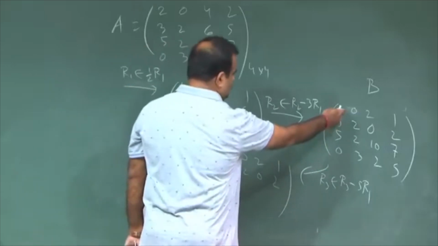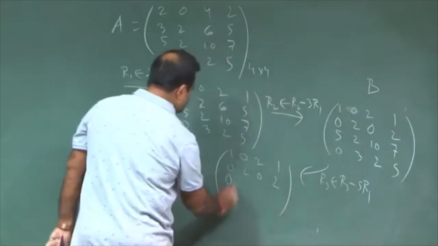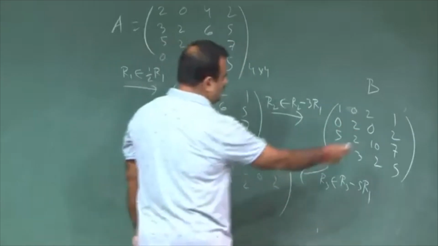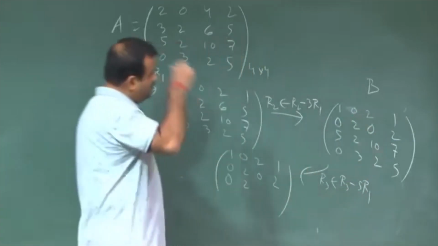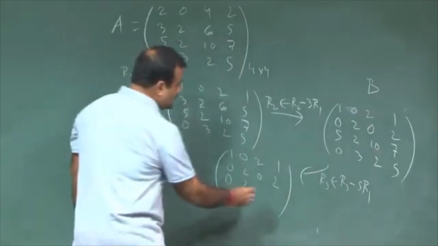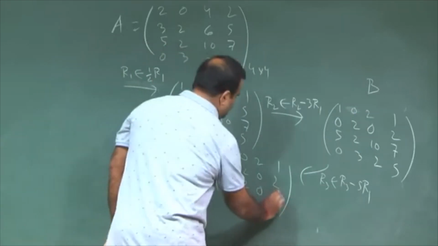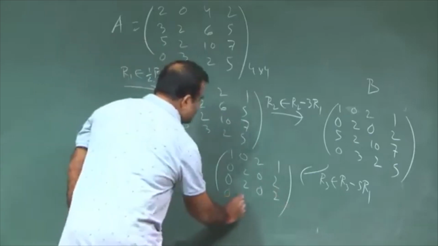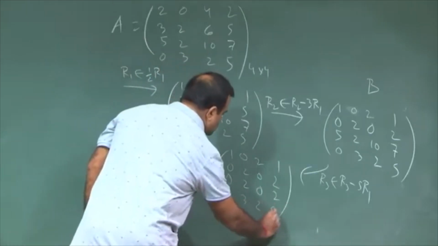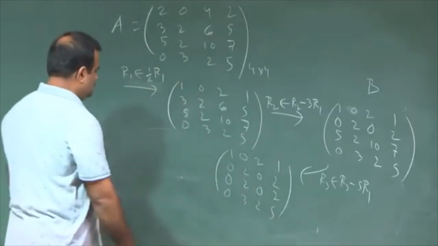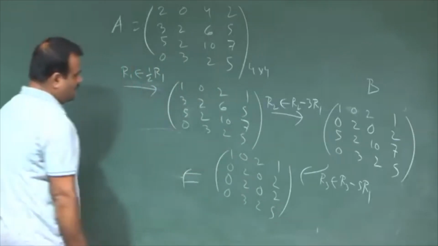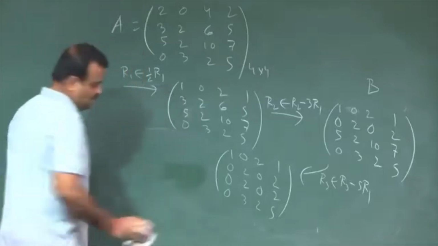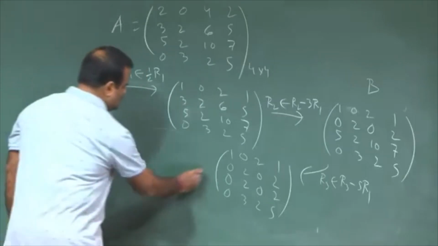So, we take the 5, then this becomes 0, and then we take this 2 and multiply it by 5 with this. So, this is again 0, and 5 with this is again 2, good. So, now this will remain unchanged. Again we apply another row operation on this.